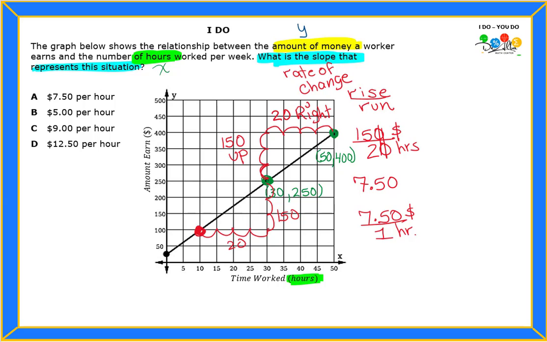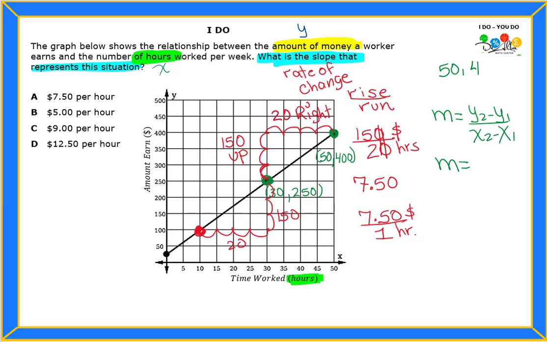Okay, so what we want to do next is find the slope by using the slope of a line formula. I'm going to use the formula that says m, where m is the slope, equals y sub 2 minus y sub 1 over x sub 2 minus x sub 1. I need to write down my 2 points.